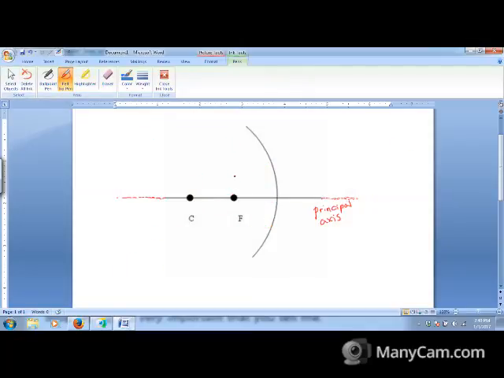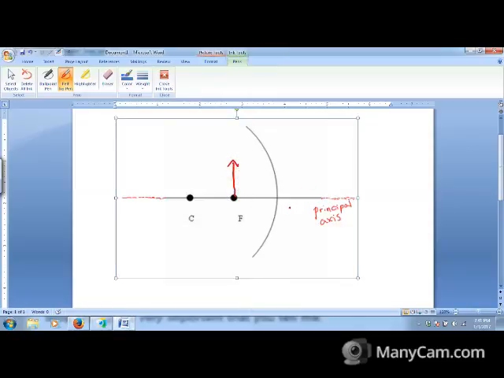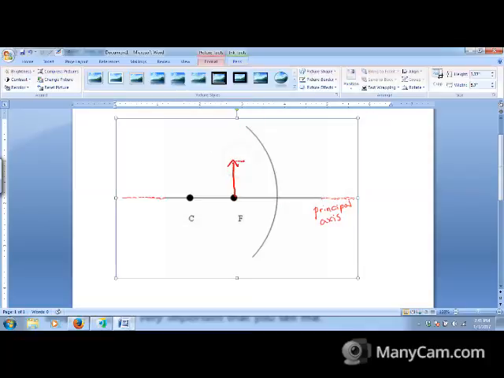All right, what if it's directly at the focus? Well, this is an interesting one. On the one hand, you would reflect this incident ray through the focus. So do this. But the one we can't do is one that goes through the focus.